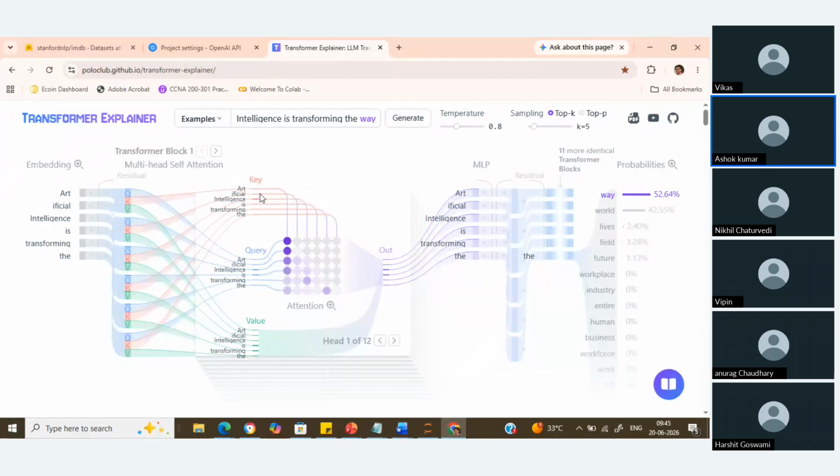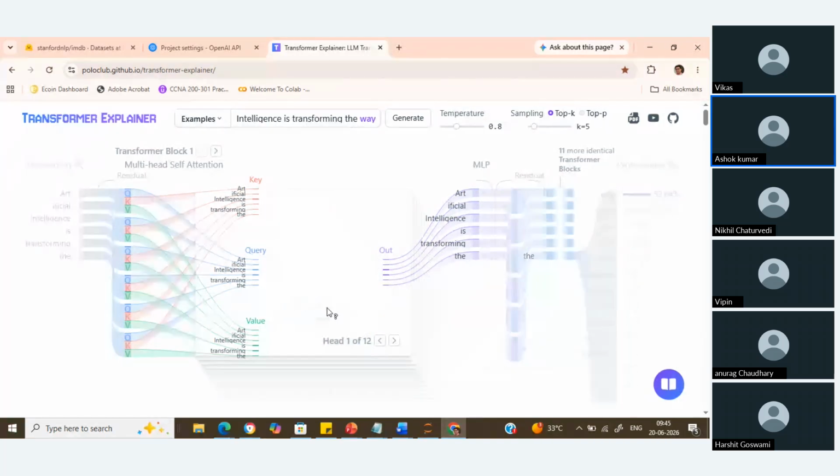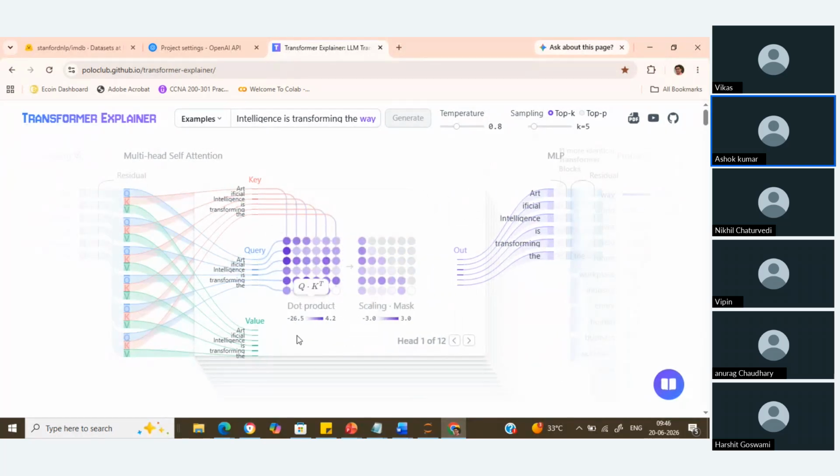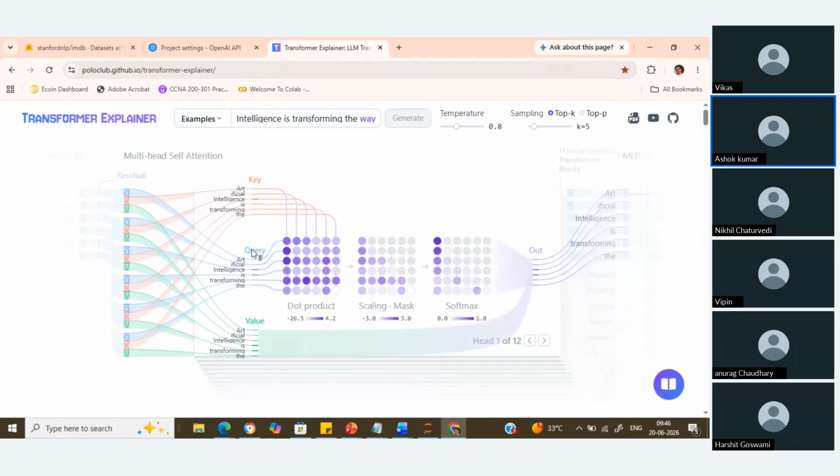Attention is there, and what is happening over here is nothing but matrix multiplication. What happens inside the attention block, we will see mathematically, so there is no need to worry about that aspect. At this moment, we just need to pay attention to the output perspective.